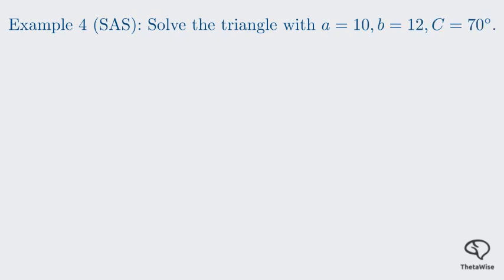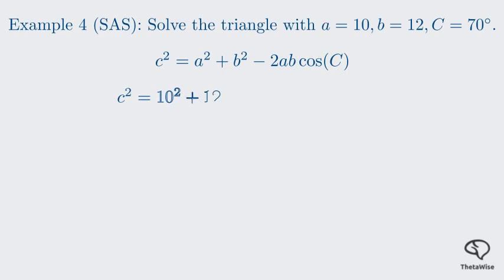Since we have two sides and the included angle, we use the law of cosines to find the third side, C. We use the form C squared equals A squared plus B squared minus 2AB cosine C. Plugging in our values, we get C squared equals 10 squared plus 12 squared minus 2 times 10 times 12 times the cosine of 70 degrees.